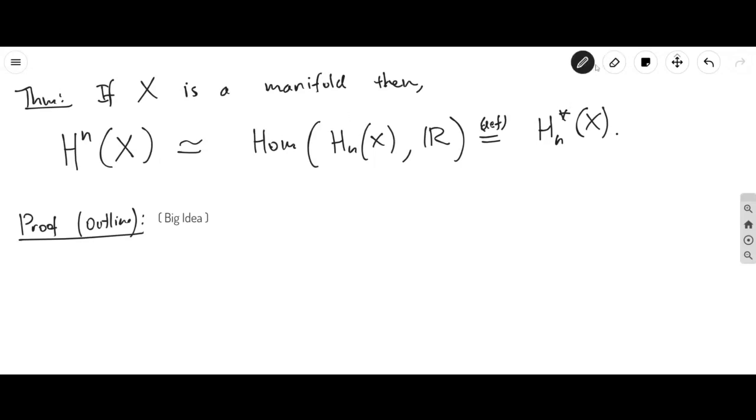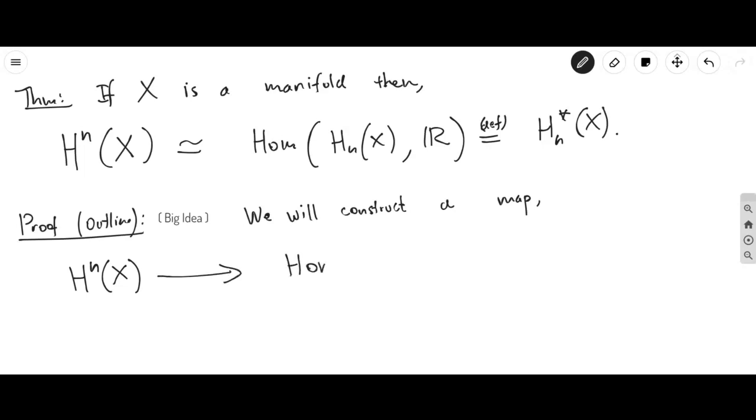Okay, so let's think about what we're trying to do. We will construct a map from cohomology to the dual of the homology.